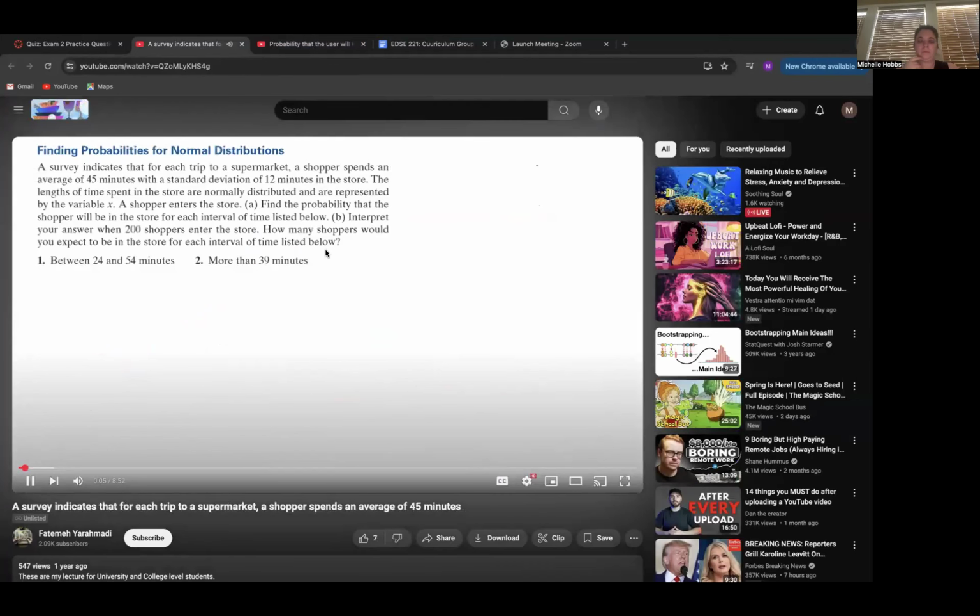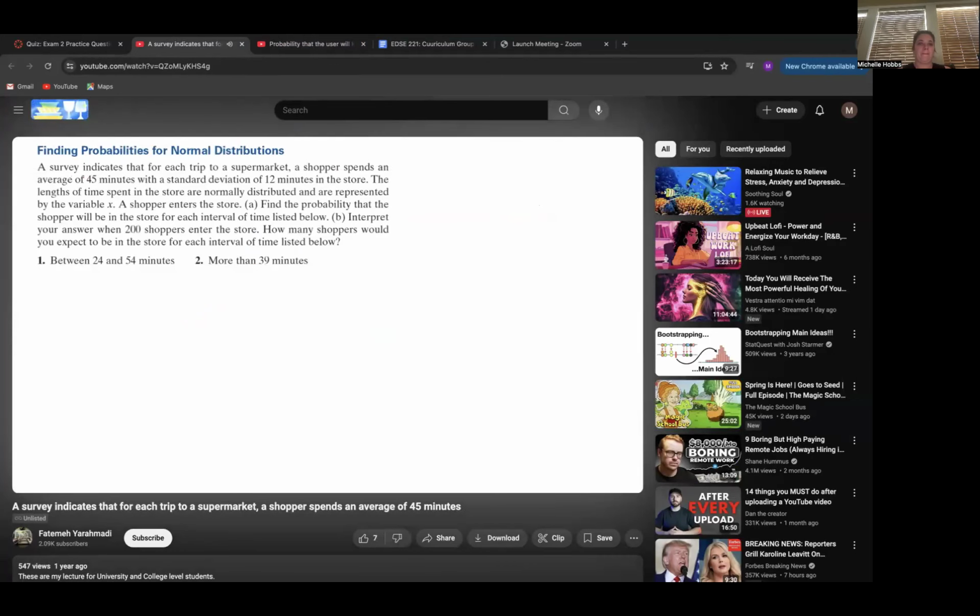Find probabilities for normal distribution. In this example, a survey indicates that for each trip to the supermarket, a shopper spends an average of 45 minutes with a standard deviation of 12 minutes. The length of time spent in the store is normally distributed and is represented by variable x.